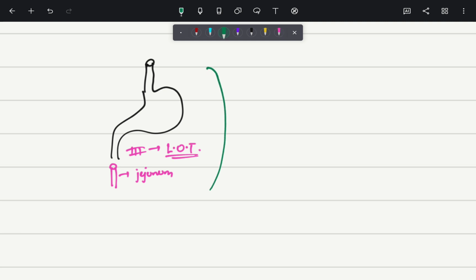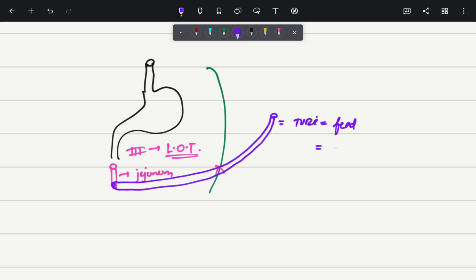Imagine this is the abdominal wall, and we are going to cut open the abdominal wall and place our tube into the jejunum, and through this tube we are going to feed the patient, and this is called your feeding jejunostomy.